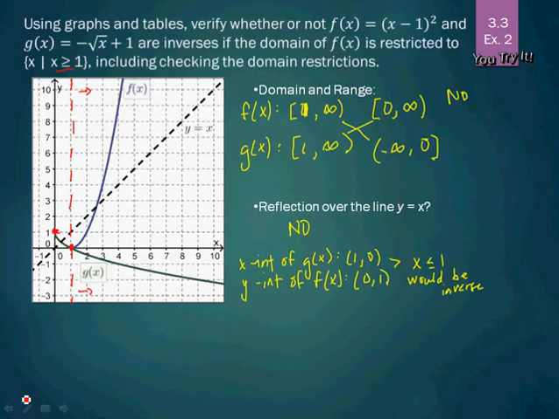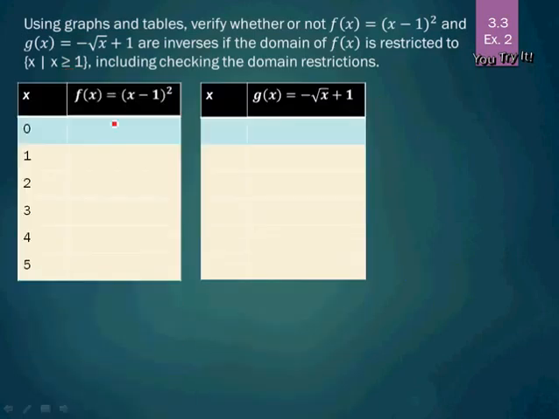Okay, so let's go on and look at the tables. Now we want to compare the tables, and we want to know for every x, the y that we get out, if we put this y into the g of x table, will we get out x again? So let's start with 0. We get 0 minus 1 squared. 0 minus 1 is negative 1, squared is just 1.